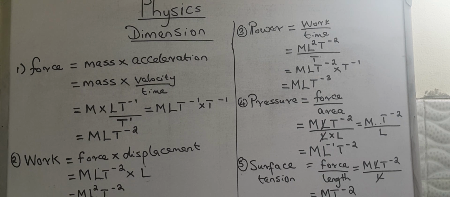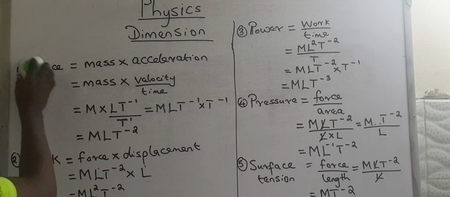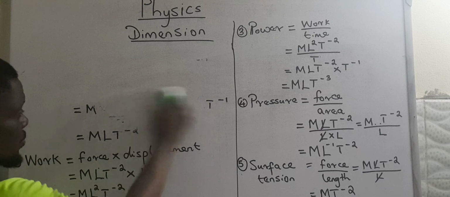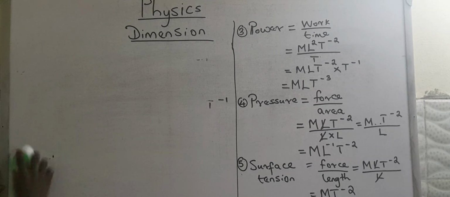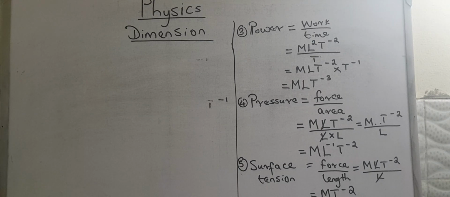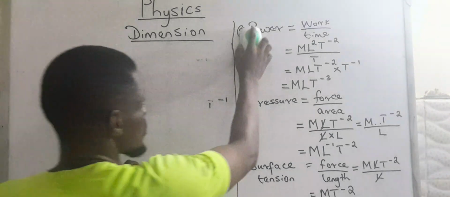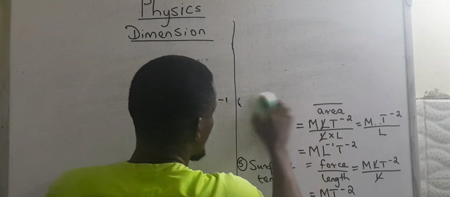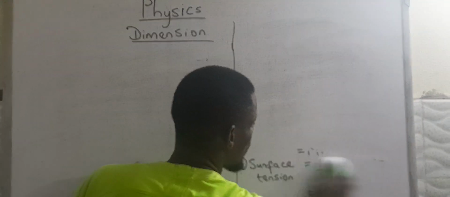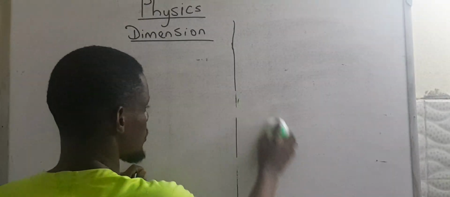Now, you can use dimension to check the correctness of the formula of an equation. So in other words, you can check if an equation is dimensionally correct.